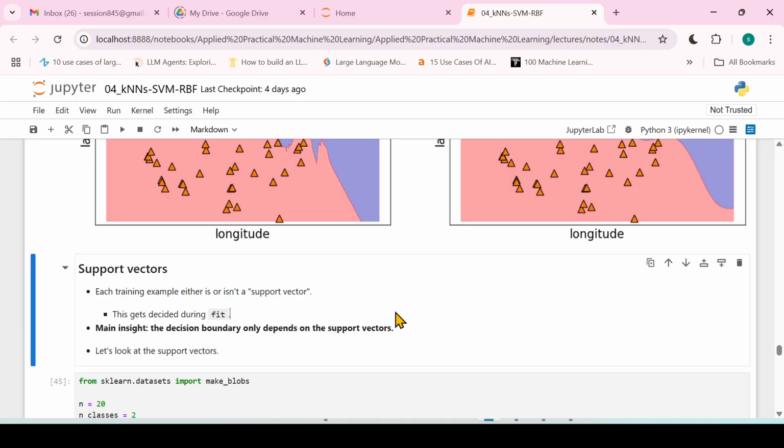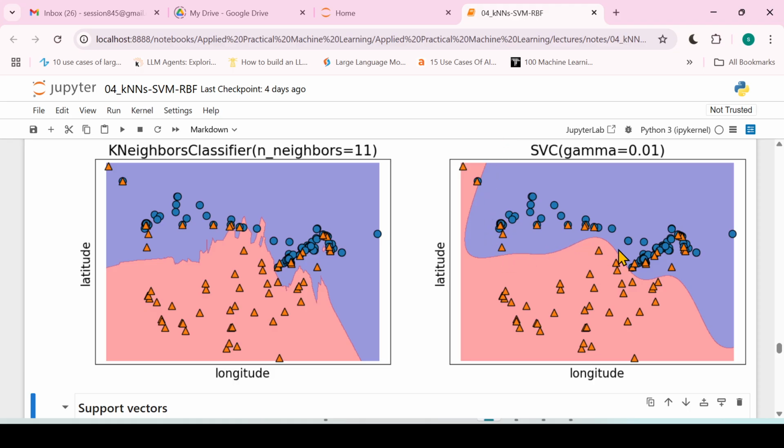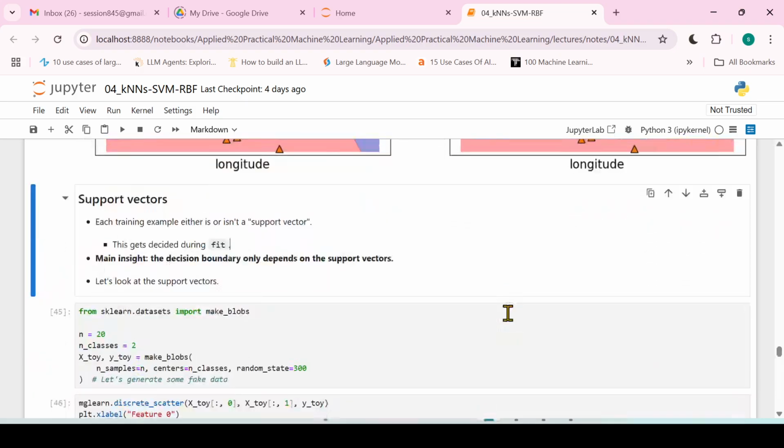We do not know. That gets decided during the fit time. That means when we train the model, it gets decided, right? And the main insight is that the decision boundary only depends on the support vectors, right? So this decision boundary depends on the support vectors only, right? And what is a support vector? It is nothing but the examples which are close to the decision boundary, right?